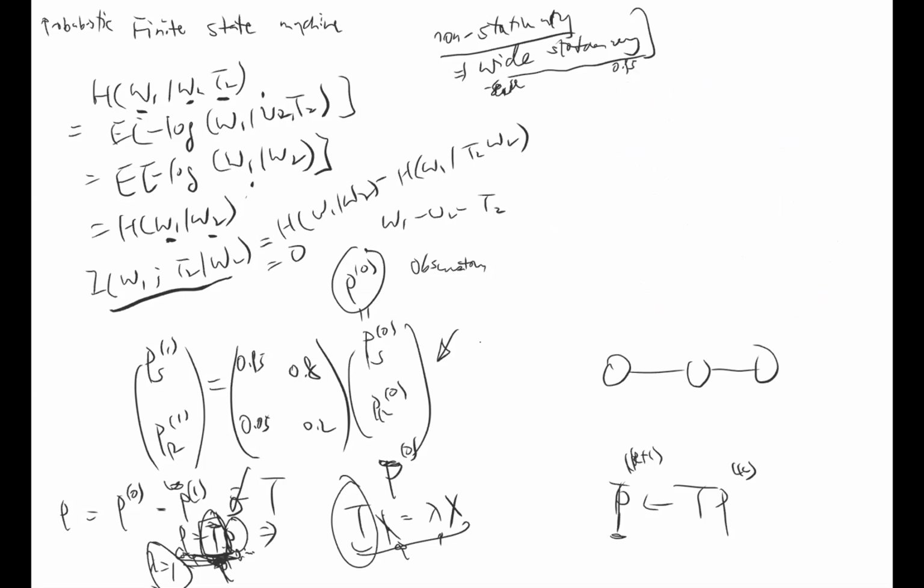So maybe it's good to do a couple more exercises. Using that same example from homework 1 and homework 2, try to compute H(W2 given W1, W3). This is question 2.